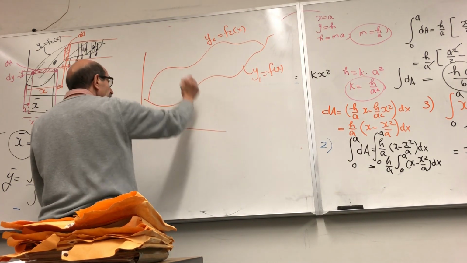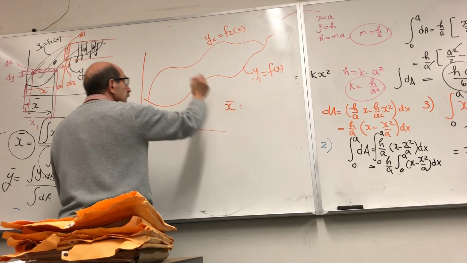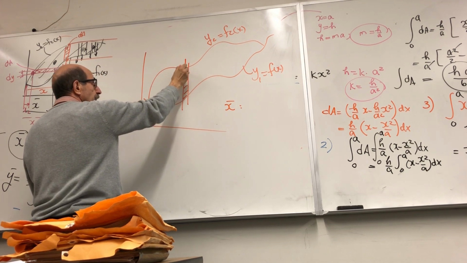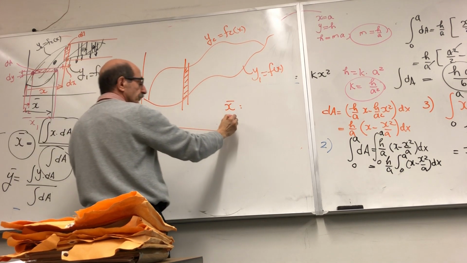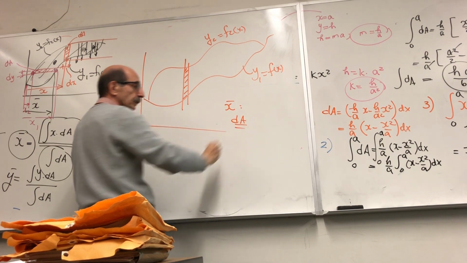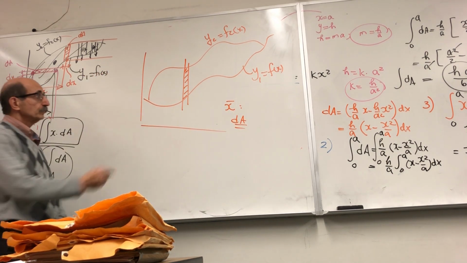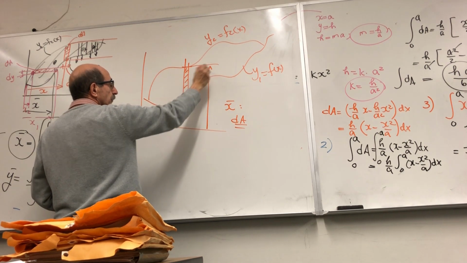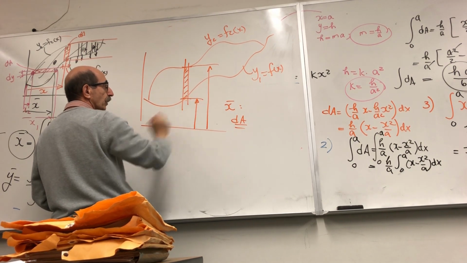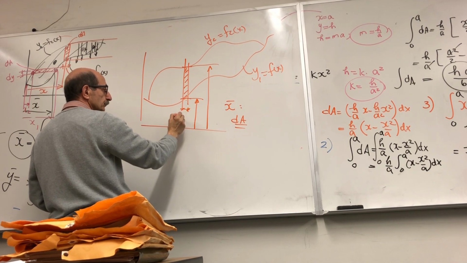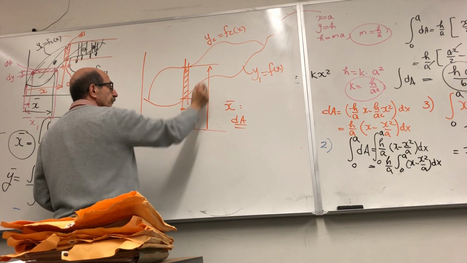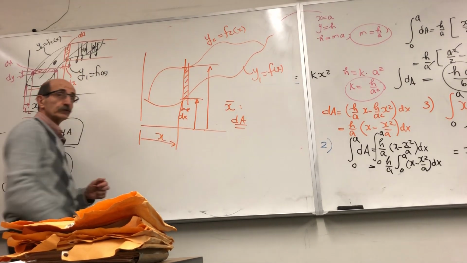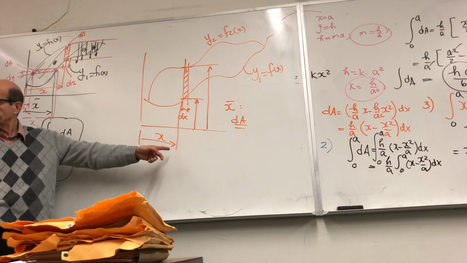So for x bar, you need to consider a differential element like this. In other words, you need to define a dA like this. What is the area of this dA? It is this minus this, times dx. But what are these two? These are the values of these two functions evaluated at point x.